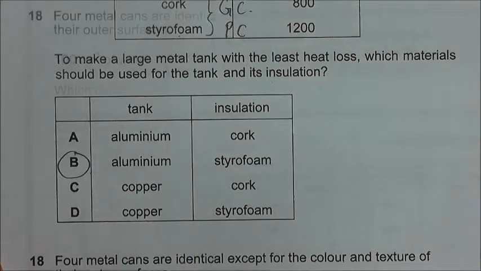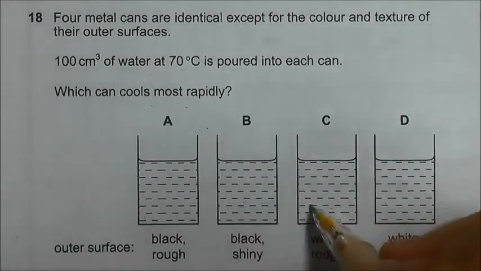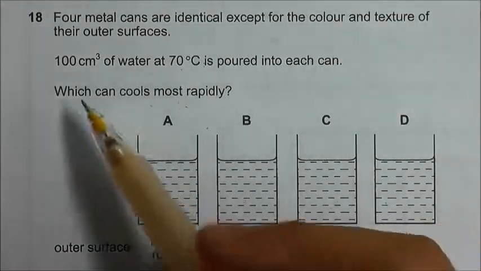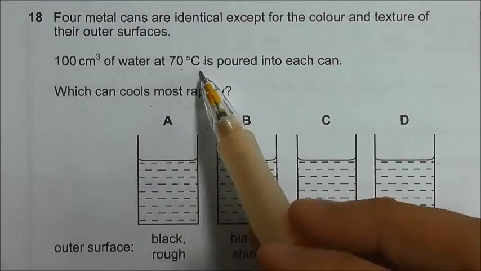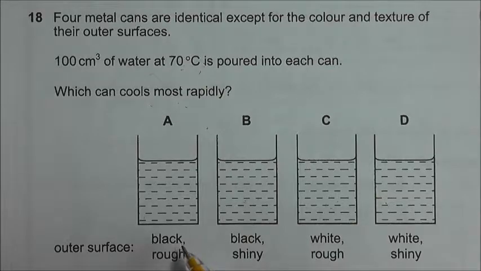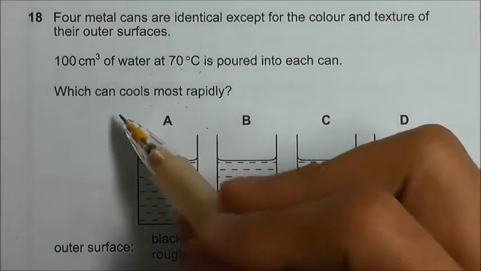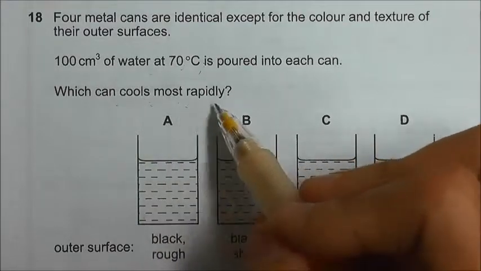We have 4 metal cans here, and each of them holds 100 cubic centimeter of water at 70 degrees Celsius, and they are made of different color and different texture. So we are asked which can cools the most rapidly.